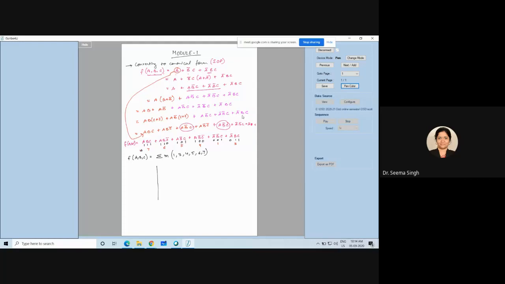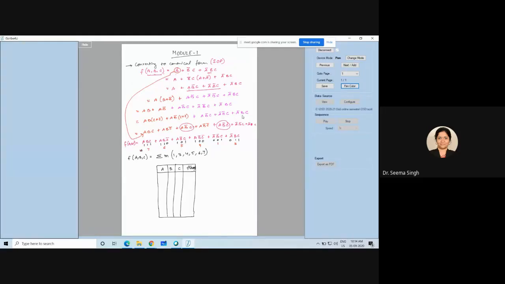You all know what a truth table is. I will write A, B, C, and this is a function. This function is the function of A, B, C which you have just now written.